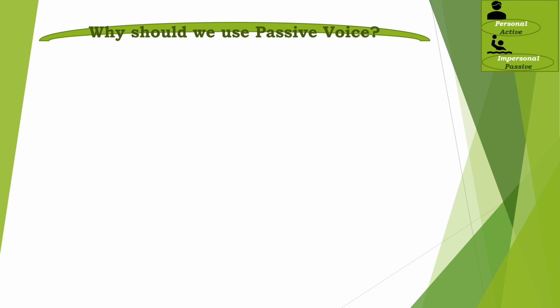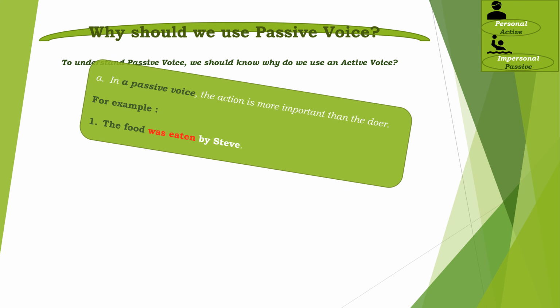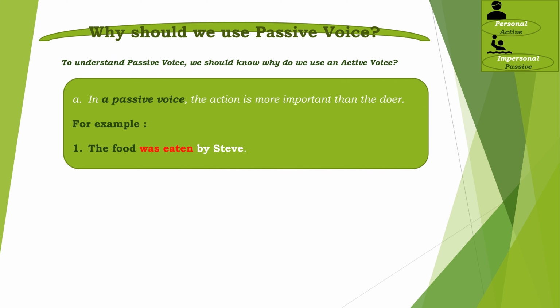Since we have already discussed an active voice, I think it's a little easier to answer this question, why should we use passive voice? Let's have a look at the definition of a passive voice. In a passive voice, the action is more important than the doer. The doer means the person who is performing the action. Let's have a look at this example.